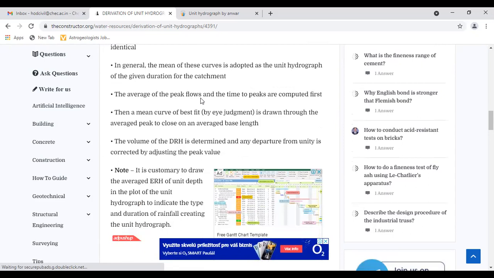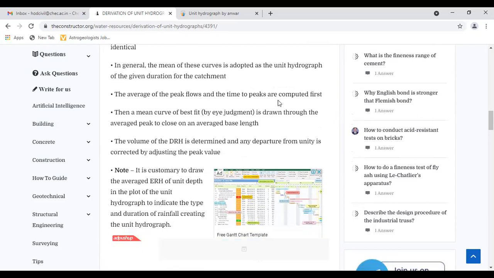The average of the peak flows and the time to peaks are computed first. Then a mean curve of best fit by eye adjustment is drawn through the averaged peak to close on an averaged baseline.